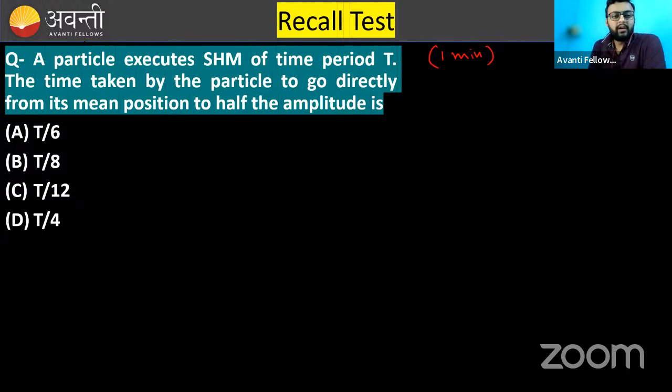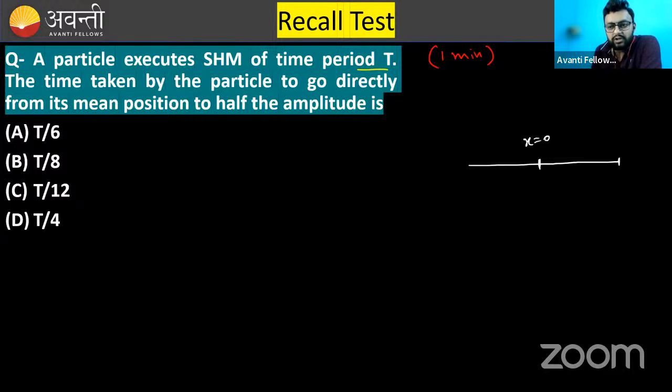What it says: a particle executes SHM of time period T. So the time period is given. The time taken by the particle to go directly from its mean position to half the amplitude position is asked. Let's suppose the particle is executing SHM. This is the mean position, x equals 0.